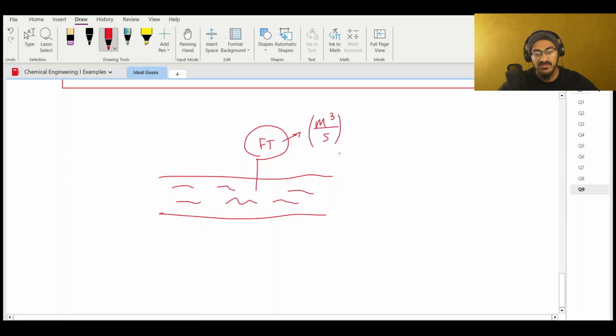But of course, having a volumetric flow rate is nice, but remember, your volume is always going to be temperature and pressure dependent. So I can say to the flow transmitter, you know the ideal gas law, and you are telling me what the volume is at this temperature and this pressure.